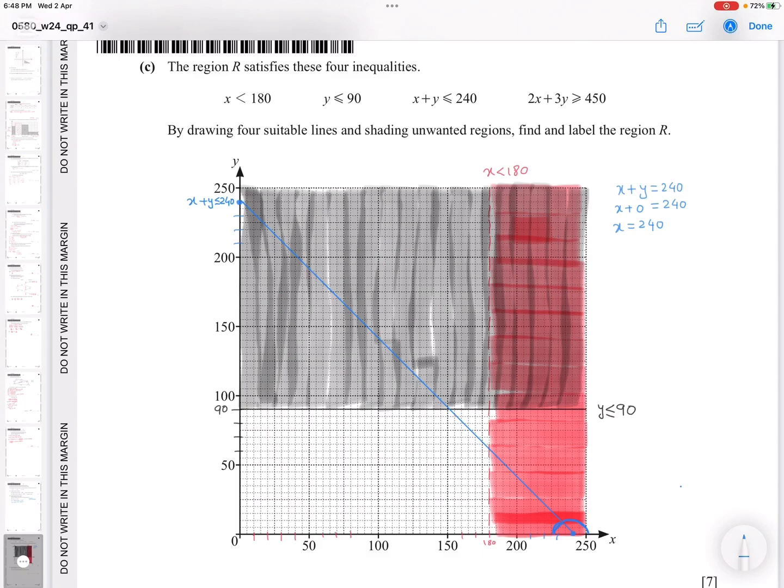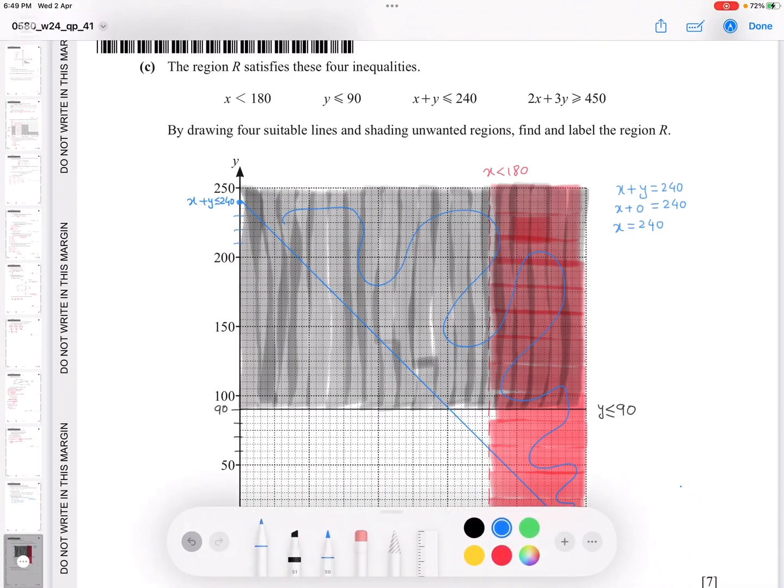And on the bigger angle side, this whole area is the unwanted region. So we have to shade that unwanted region.